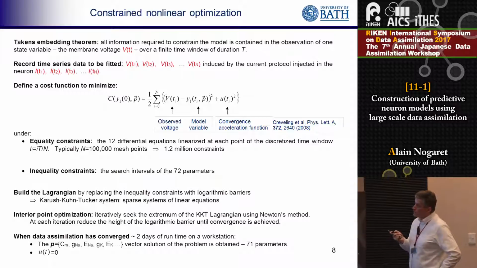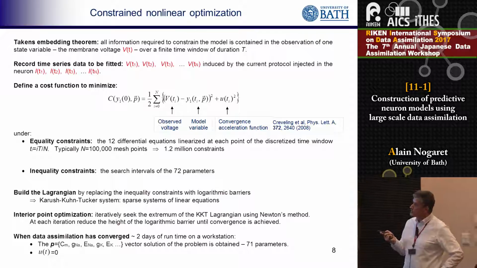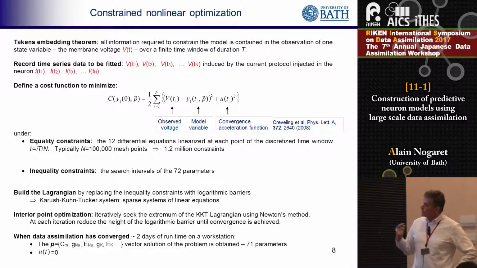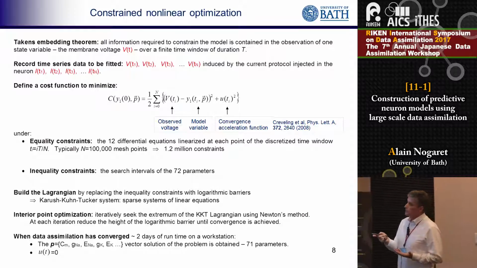The fundamental of the optimization rests on Takens' embedding theorem, which says that all the information required to constrain the model is contained in the observation of one state variable.